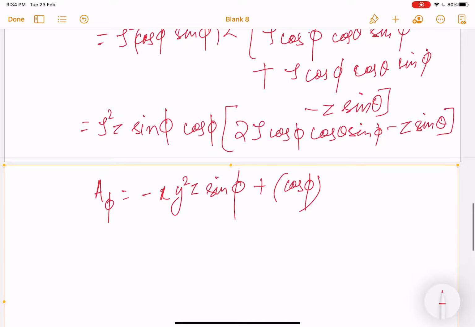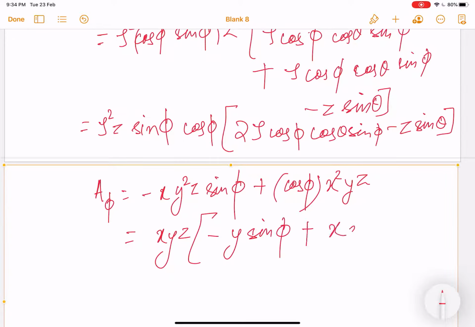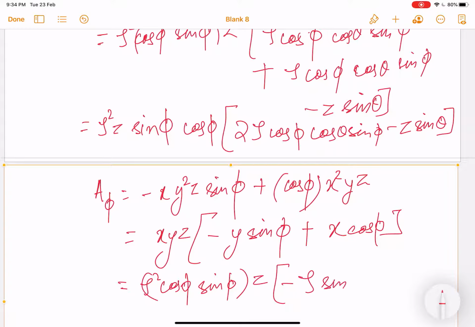Now, taking common, what shall I get over here? y sine phi plus x cos phi. And again rho square cos phi sine phi into z, whole into minus rho sine square phi plus rho cos phi, cos square phi.